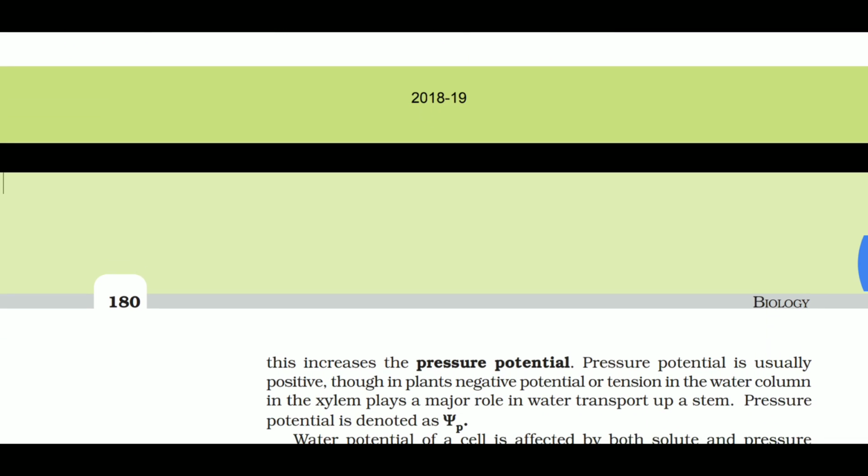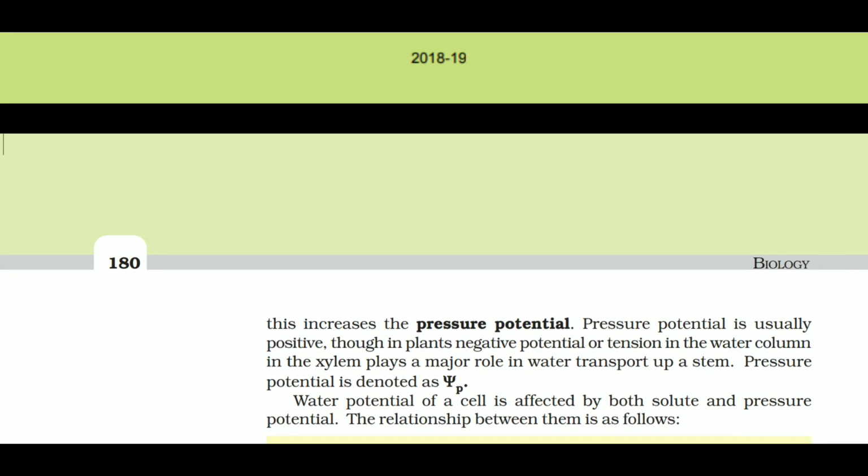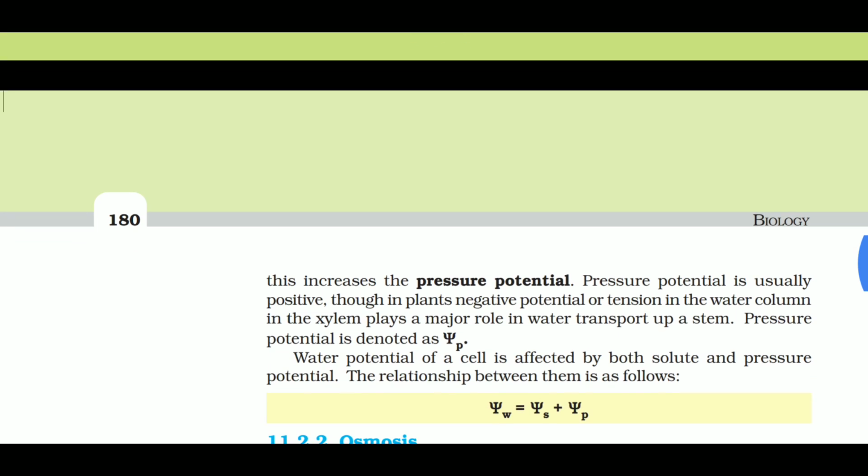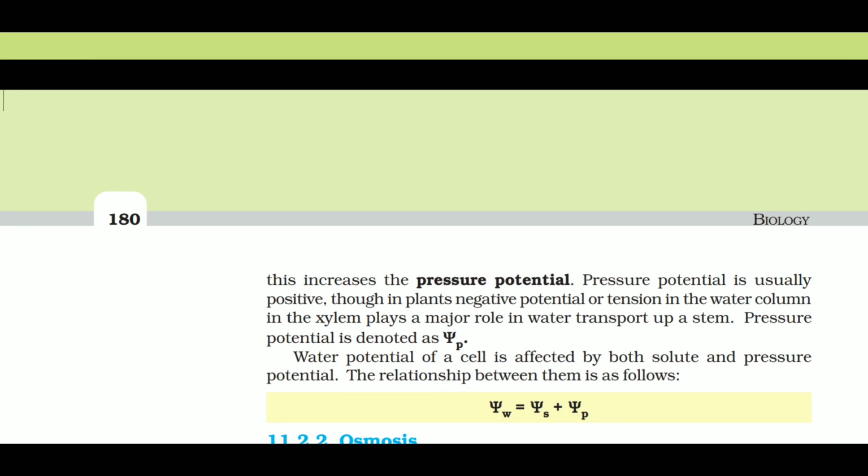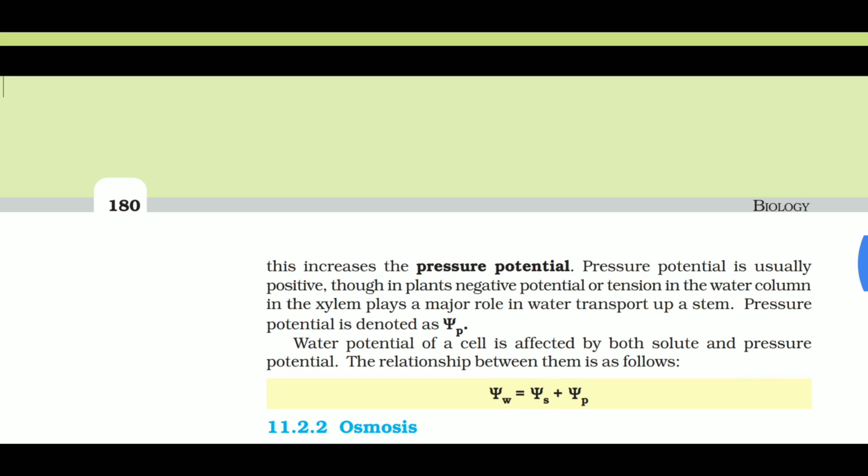Like for example, you are blowing a balloon. You keep on blowing the balloon. At some extent, you will feel the tightness in the balloon, as the air pressure increases. If you cross that limit, what will happen? The balloon will burst. So only to a certain limit can it hold that very tight pressure, which we call turgid.